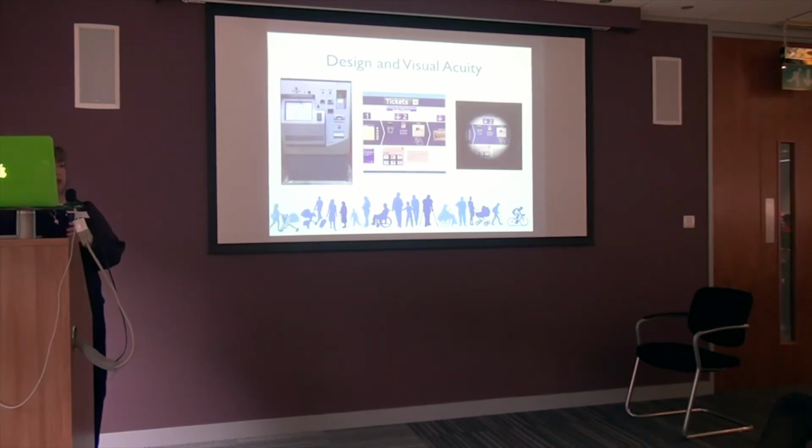Visual acuity is very important when designing. This left-hand photograph is a picture of a ticket machine, and again it's grey. So you really struggle when you look at that to know where you put your coins, if you have a visual impairment. The middle photograph is another style of ticket machine, lots of colours, and it actually has 1, 2 and 3 on it.